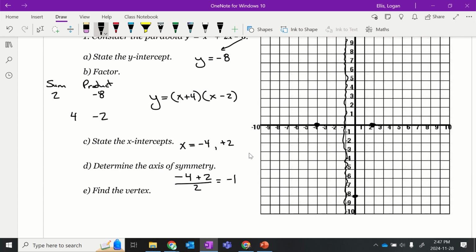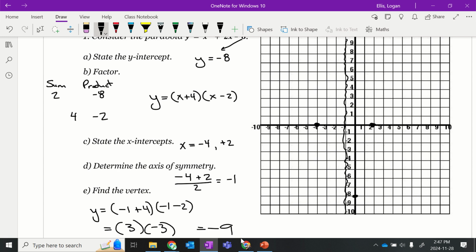Right there. Then remember, the vertex is when we take -1, that axis of symmetry, and put it in for x in our equation. So -1 plus 4 is 3, and -1 minus 2 is -3, so you're going to get 3 times -3, which we know is -9.